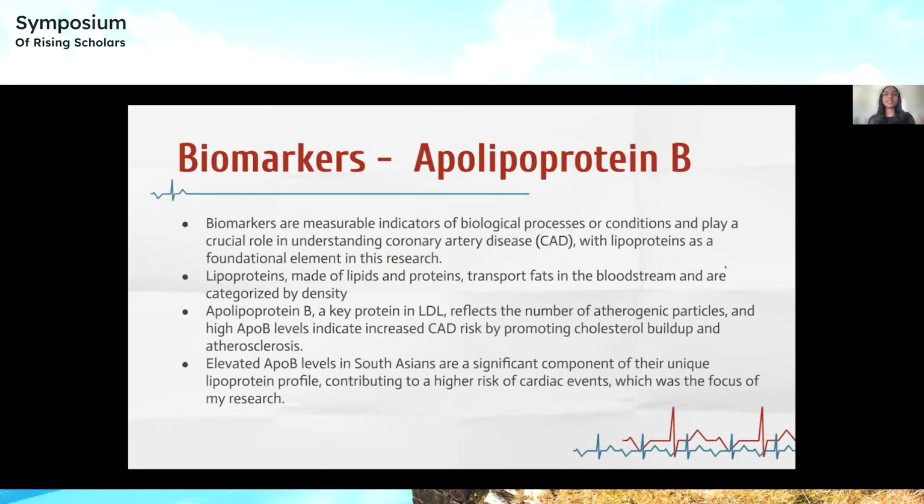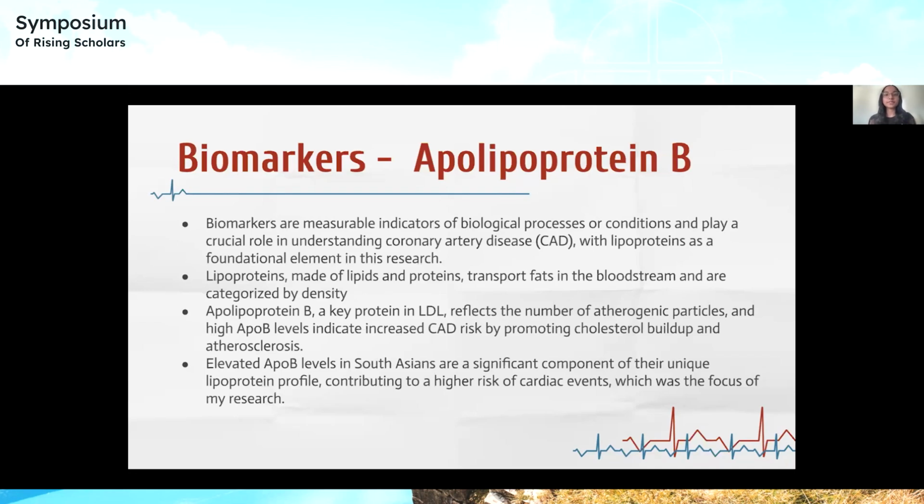So now let's get into the science stuff, specifically with biomarkers and apolipoprotein B. Biomarkers in general are measurable indicators of biological processes or conditions and play a crucial role in understanding many diseases, including CAD. Within the biomarkers, we have lipoproteins, which are made of lipids and proteins, and these are all throughout your body transporting fats in the bloodstream, and they are characterized by density.